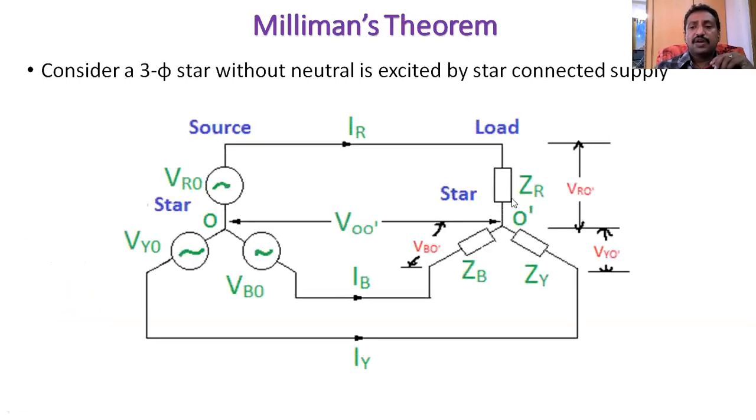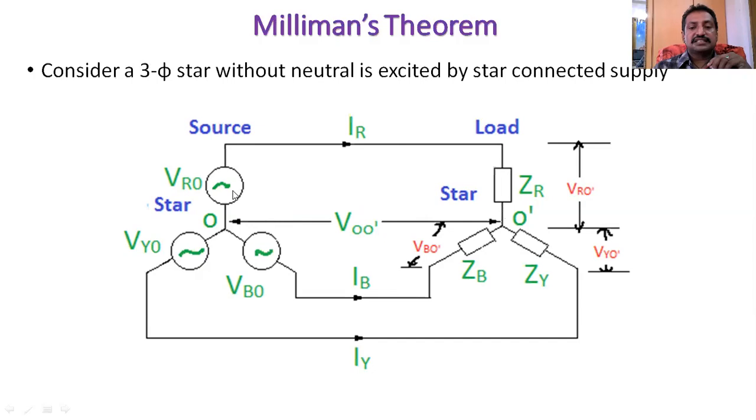See here, what is Millman's theorem? When more sources are connected in parallel, we want to reduce the total network into a single one, so that voltage is called VO dash. Both are star connected, but we are connecting like this.